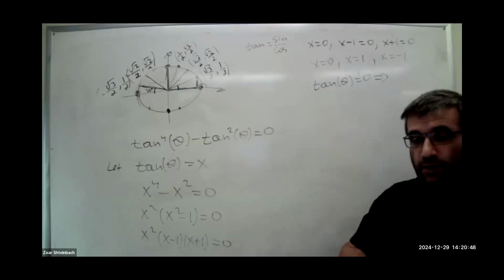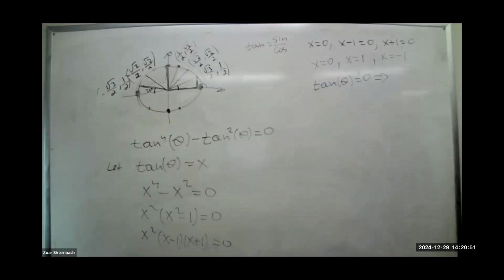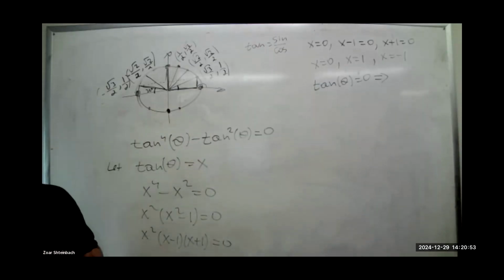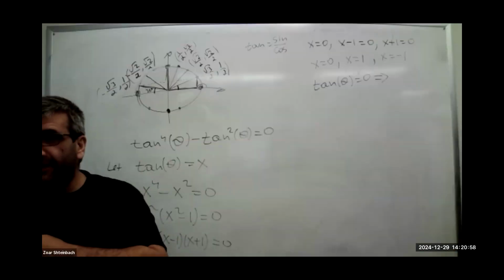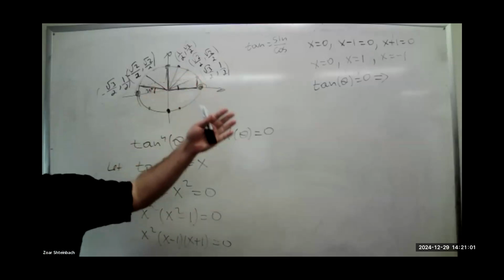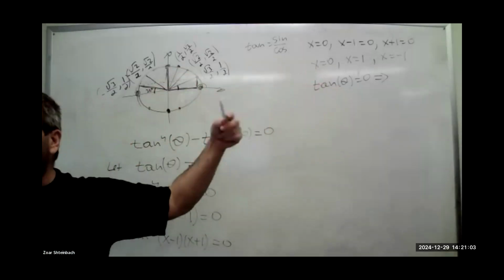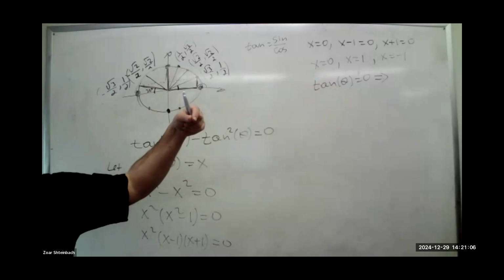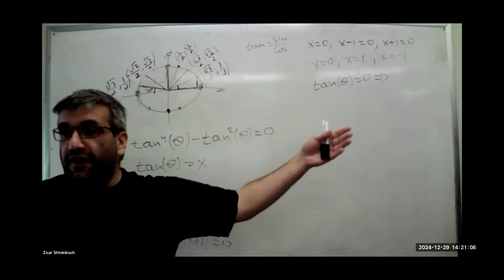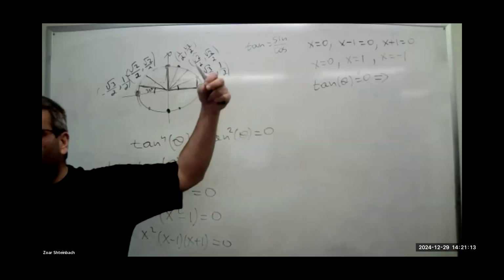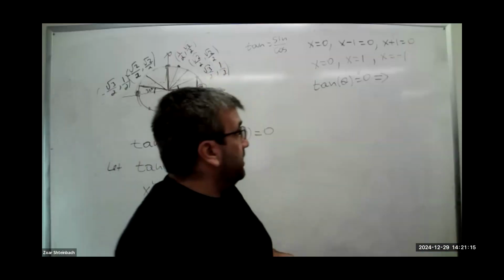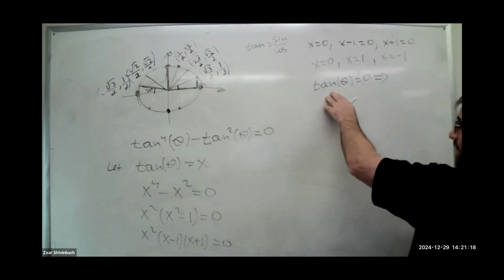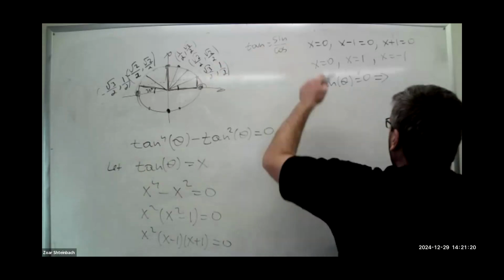Why not cosine? If cosine equals 0, the fraction is undefined, because you can't divide by 0. That's why tangent equals 0 only when sine equals 0.